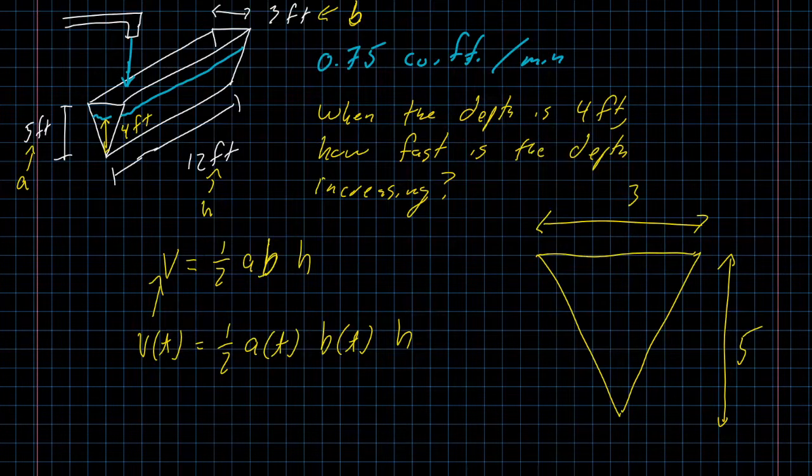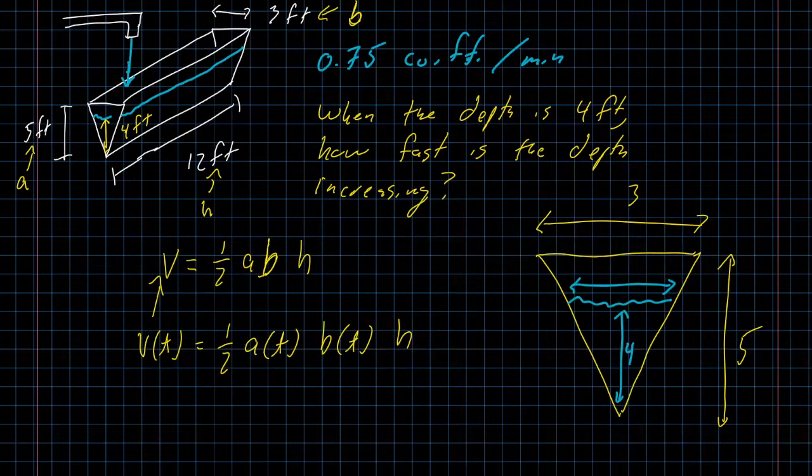We know that we are looking at a particular point in time where the depth of the water is in fact only 4. And so in order to solve this problem, we are probably going to need to know how far across the water goes at that point in time. This alone is a challenging question.